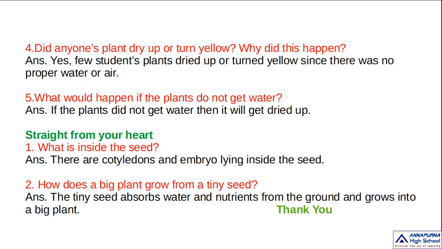That means if it doesn't get proper air and water, it will not germinate, and automatically it will die. Next, fifth one, what would happen if the plants do not get water? If the plants do not get water, they will dry up. That means they will die.